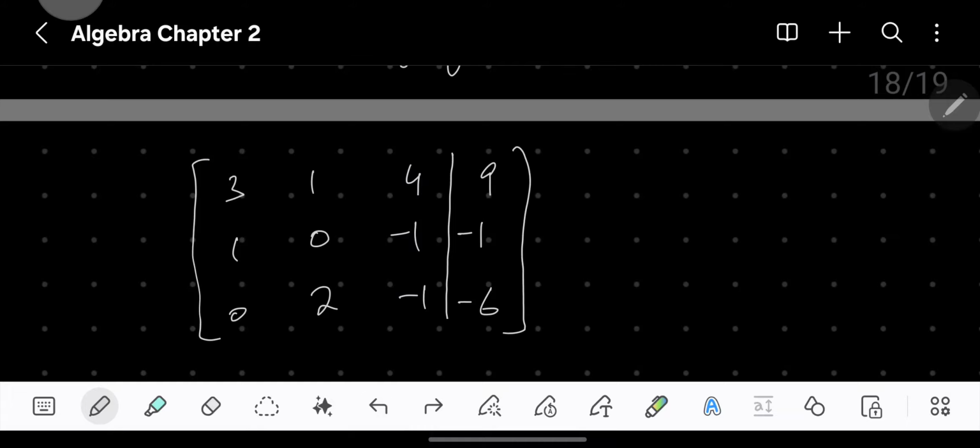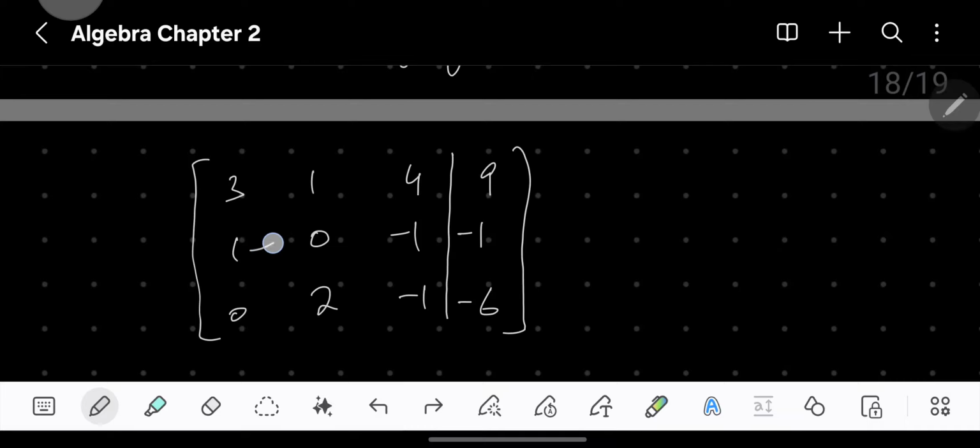The next step is to make this non-zero entry 1. How can we make this entry 1? There are multiple ways. The first, easy way is to divide this row by 3. Otherwise, I can interchange these two rows so that I get 1 here. I will choose the second way.